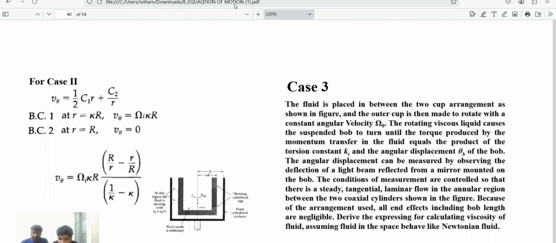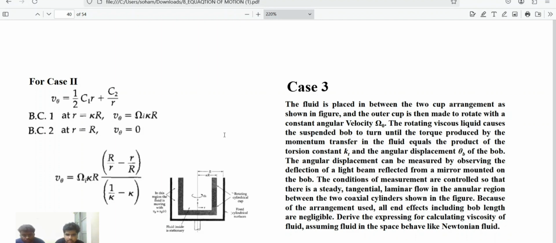Because of the arrangement used, all end effects, including the bob length, are negligible. And we are going to calculate the viscosity of the fluid, assuming that the fluid behaves like a Newtonian fluid.